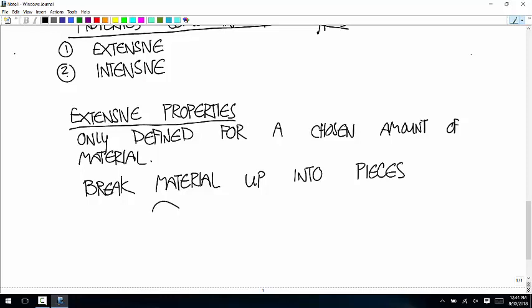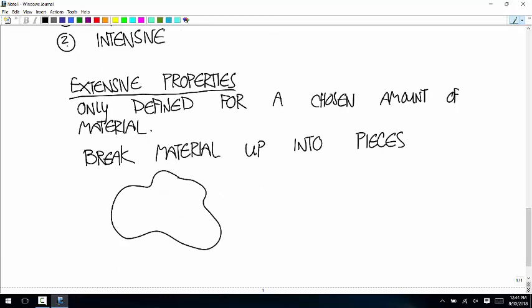So let's say here's the system. This represents a state, and we'll break it up, it doesn't matter the shape of these sections, but I'll call them S1, S2, S3.